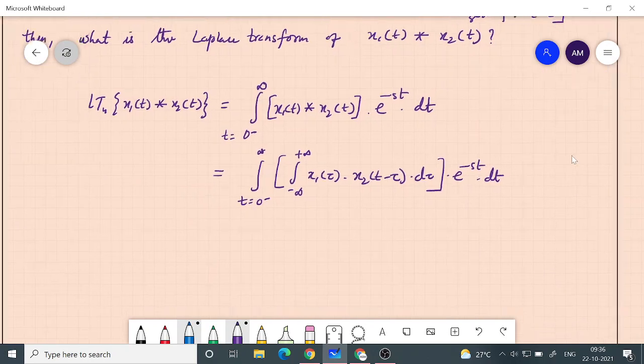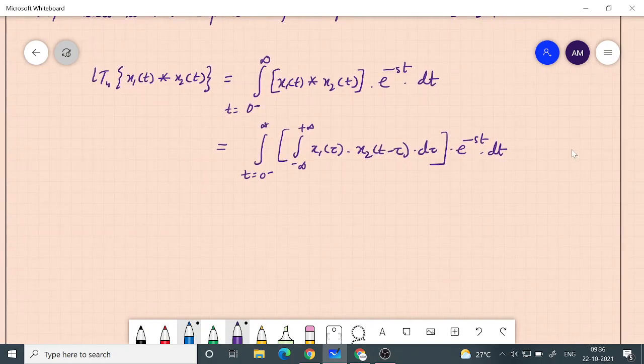Now we have said that these functions are causal signals. So therefore we know that x1 of tau for tau less than 0 is going to be 0.